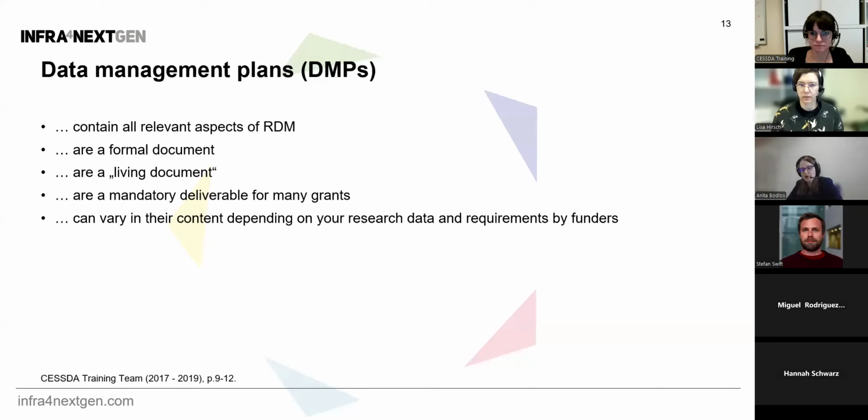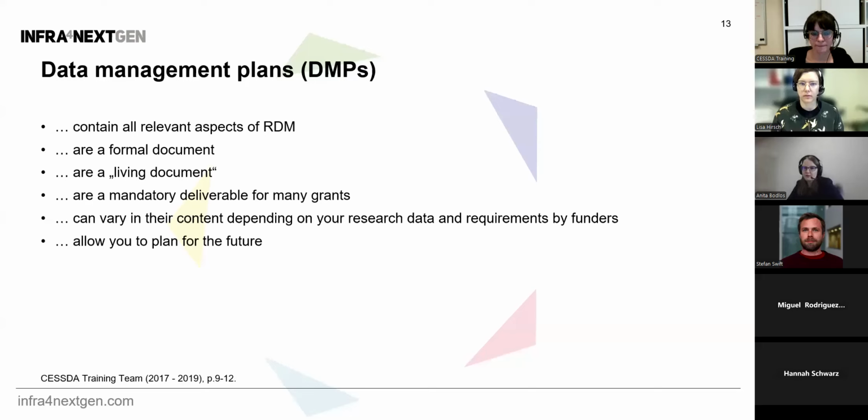Funders usually are most interested in how you make your research data FAIR, but it's also very useful to go into detail in all aspects that cover research data management during your research project, like which file naming conventions you follow, which folder structure you follow, how you regulate the access to your research data during your research project.